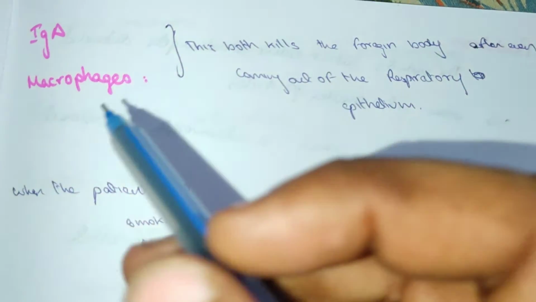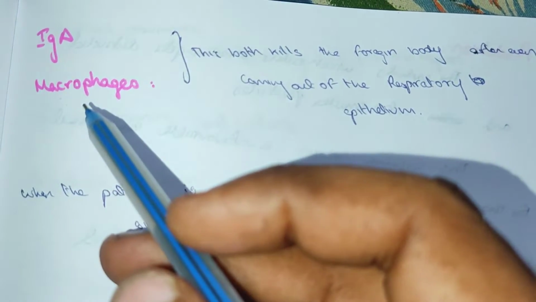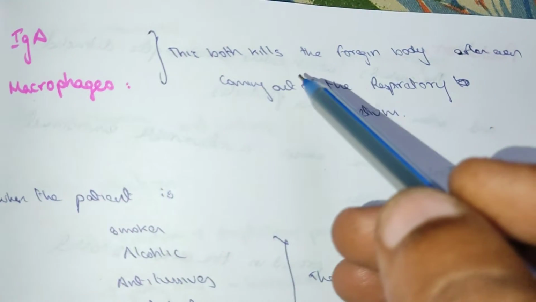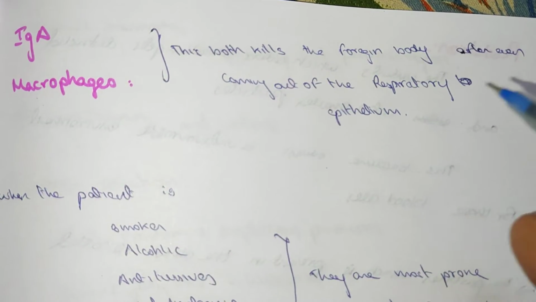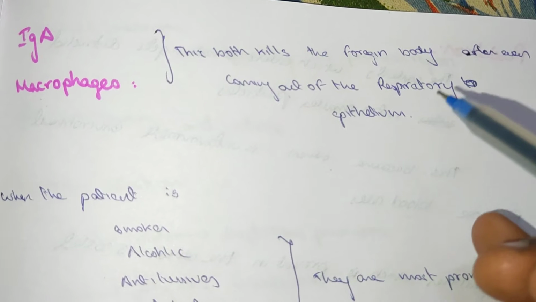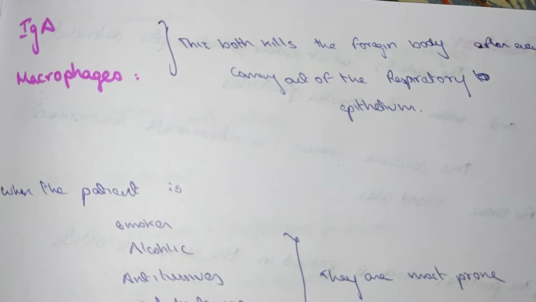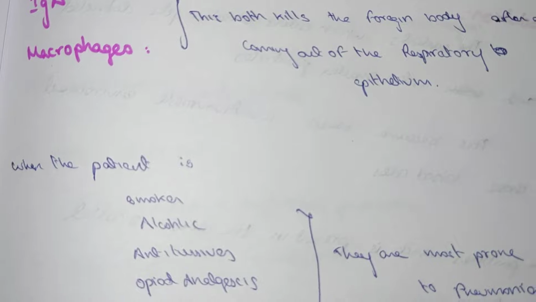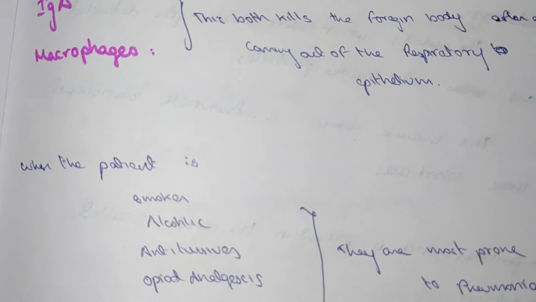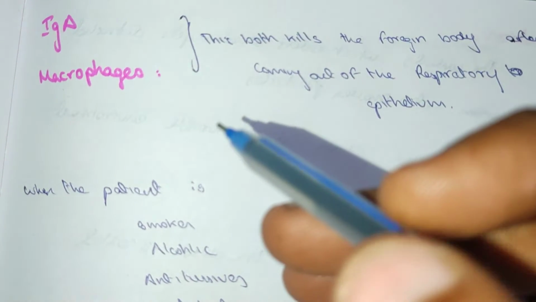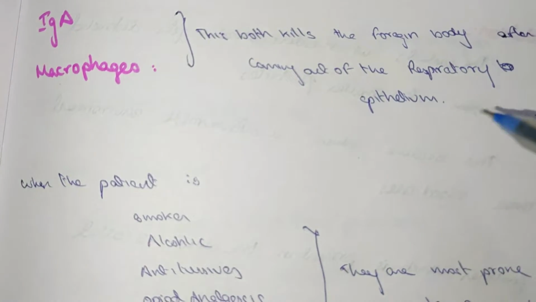The next two defense mechanisms are IgA as well as macrophages. Both kill the foreign bodies even after they enter the respiratory tract, after coming past the ciliated columnar epithelium.